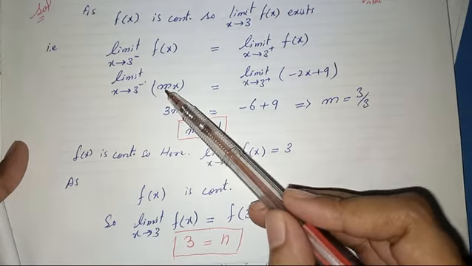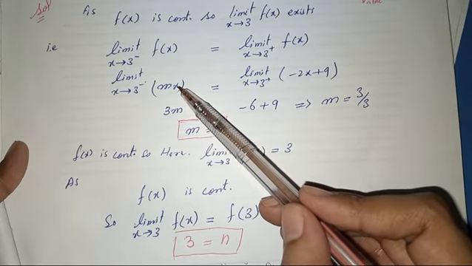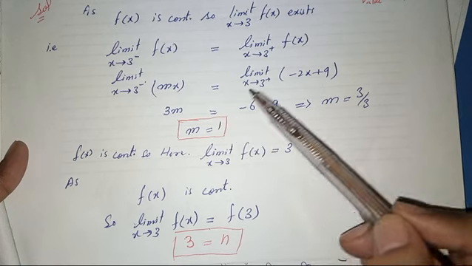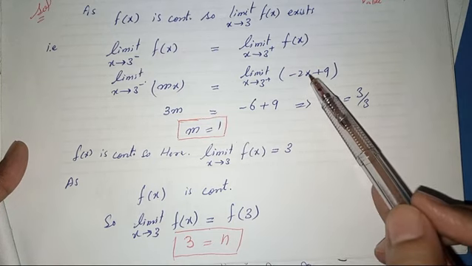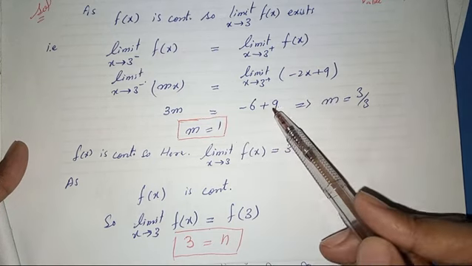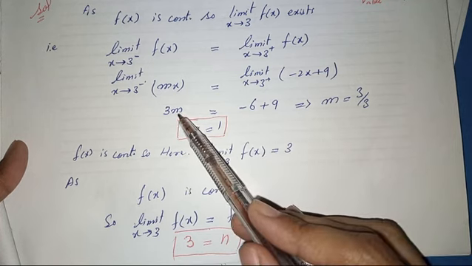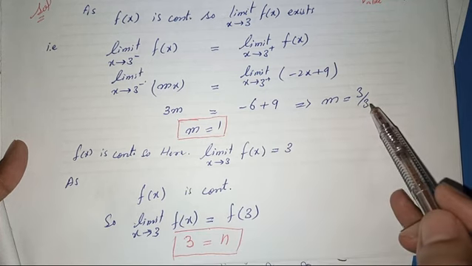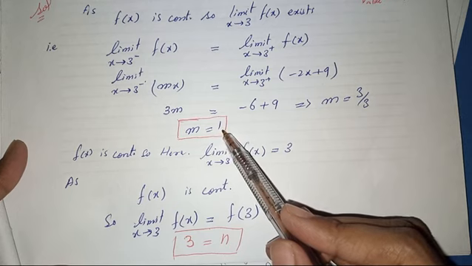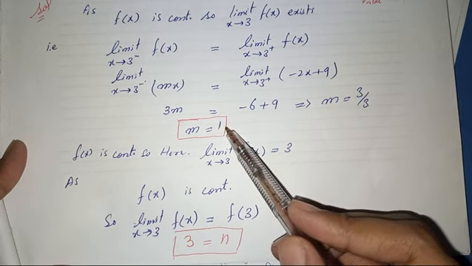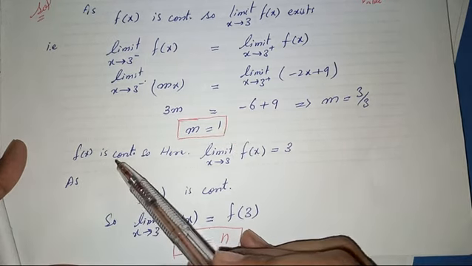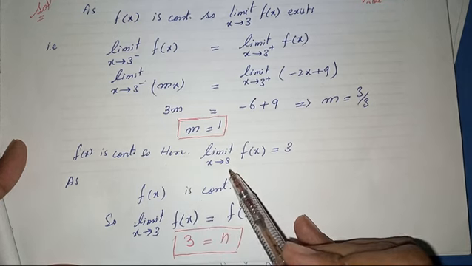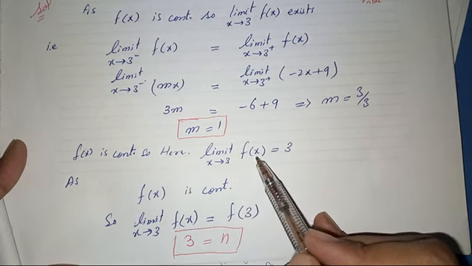After putting the limit, m as it is, in place of x 3, so 3m is equal to minus 2 into 3, minus 6 plus 9. So 3m is equal to 3, m is equal to 3 by 3. So the value of m we have calculated now, that is equal to 1. As f of x is continuous, here limit x tends to 3 f of x is equal to 3.